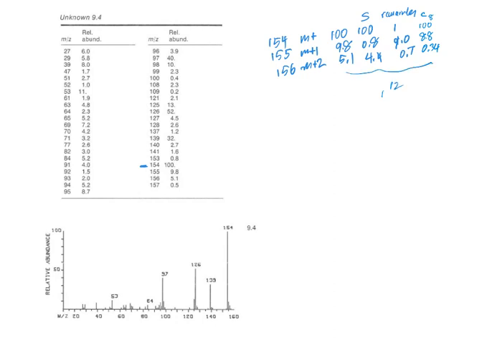So this is 128, this is 154, 155. And then remaining, we're going to have 0.2 and 0.36, because I just subtracted 8.8 from 9 and 0.34 from 0.7.